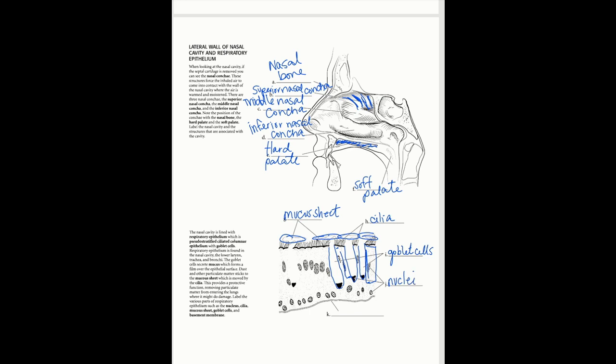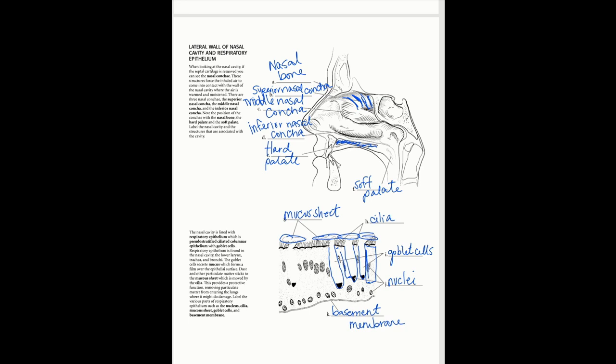And then the section of this layer of cells, of both goblet cells and epithelial cells, where it comes into contact with the bony portion of the cavity, this is what we call the basement membrane. That's it for that. Okay?